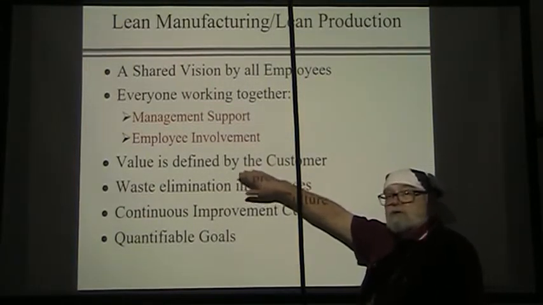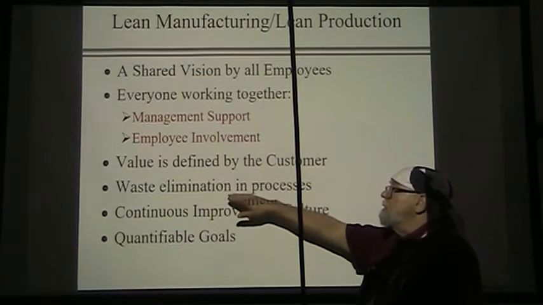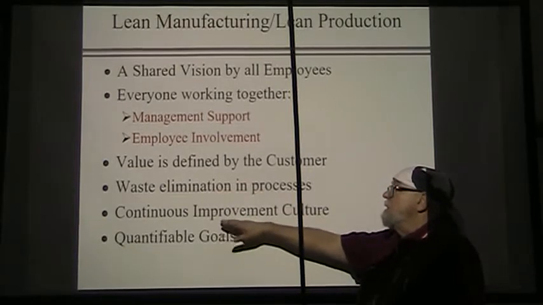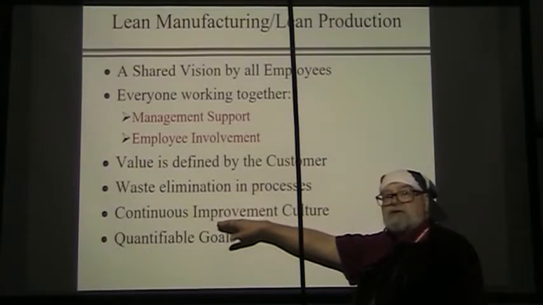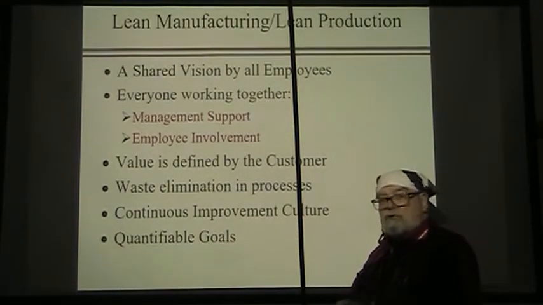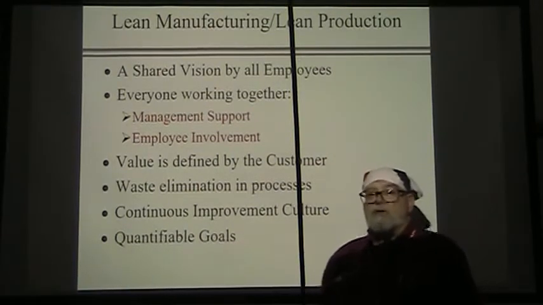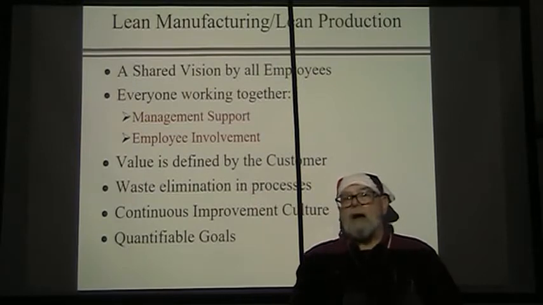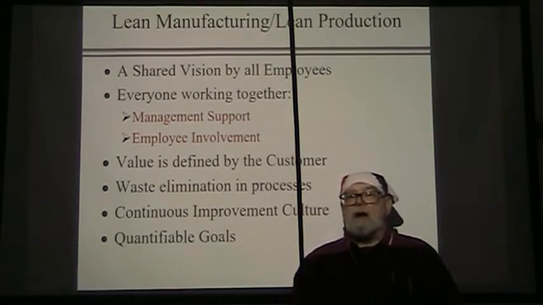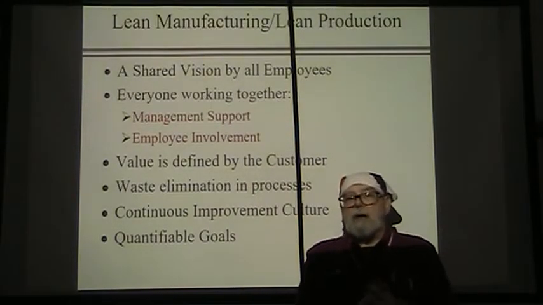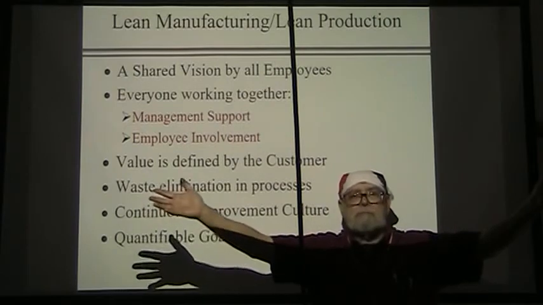Again, our value is always defined by the customer. We're going to eliminate waste in our processes. We're going to build that continuous improvement culture. And one thing that we have to have for this is quantifiable goals, right? Sometimes at a company, you'll have a bigwig come out and he'll say, "We want to improve quality."